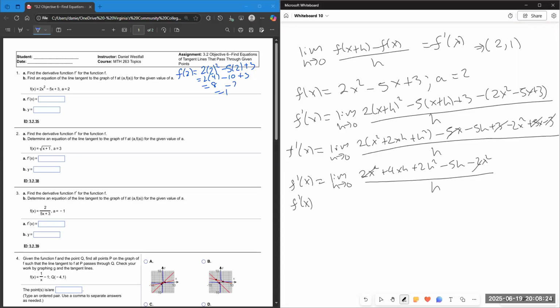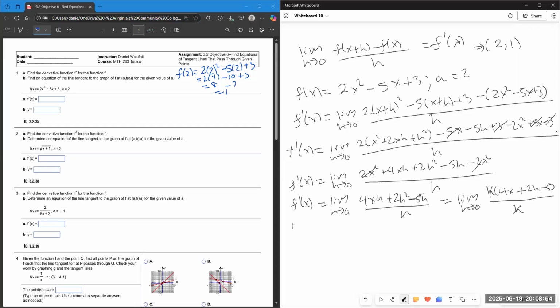F prime of x is equal to limit as h goes to 0 of 4xh plus 2h squared minus 5h over h, equal to limit as h goes to 0 of h times 4x plus 2h minus 5 over h.